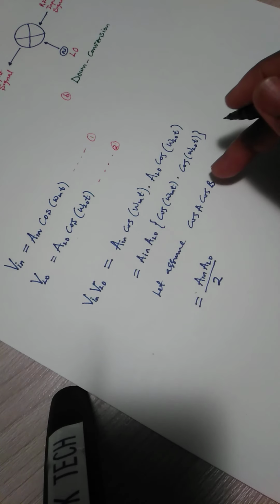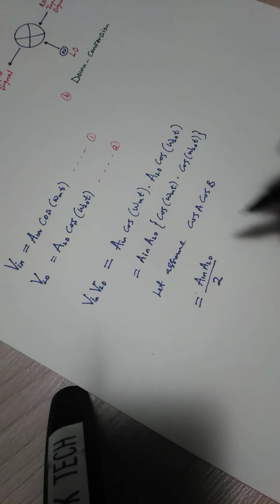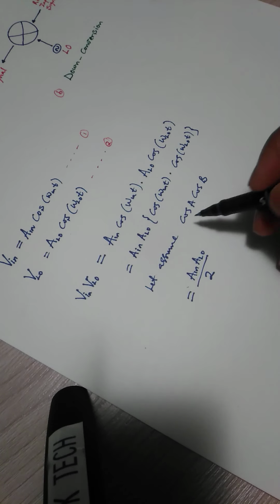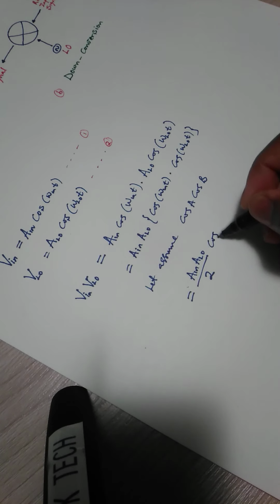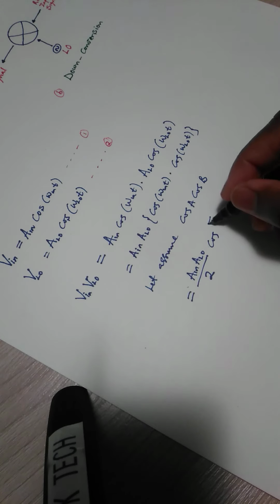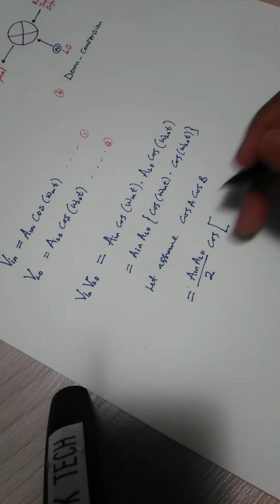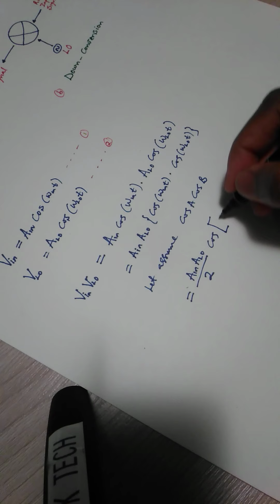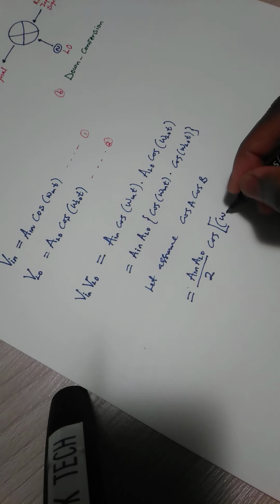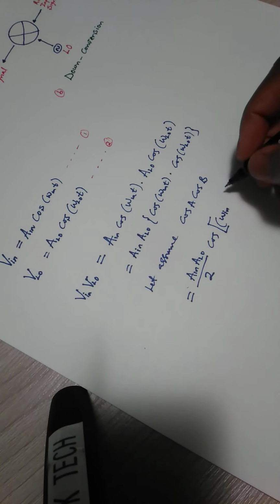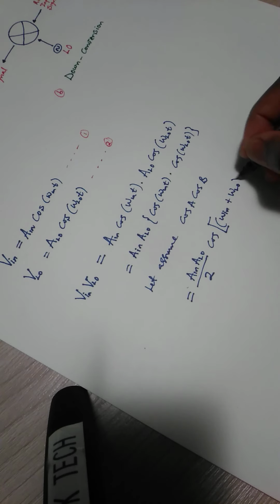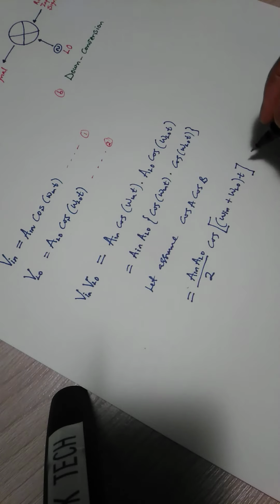When we do the trigonometric splitting of cos A cos B, then we're going to have cos, so let's open a big bracket, and then ω_IN plus ω_LO, and then multiplied by t. Let's close this one, and then again let's say plus.